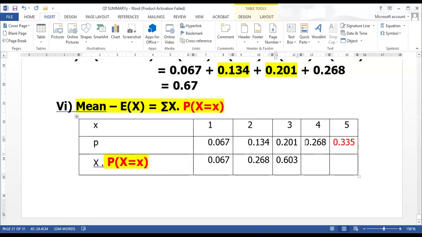Then 4 times this, 1.072. Then here, 1.675.